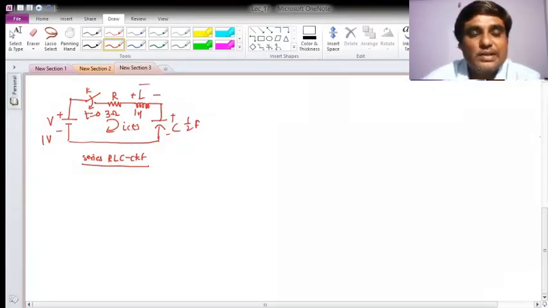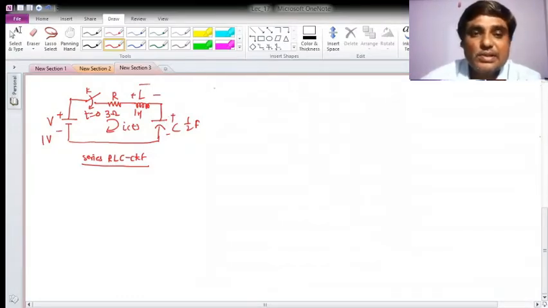Applying KVL, the voltage across the inductor is L di by dt, and the voltage across the capacitor is 1 by C integral of i dt. To convert from integral into differential form I have to differentiate it, which makes it second order.